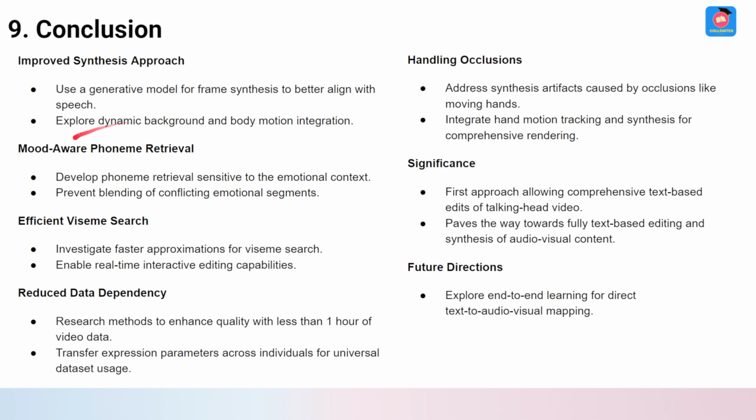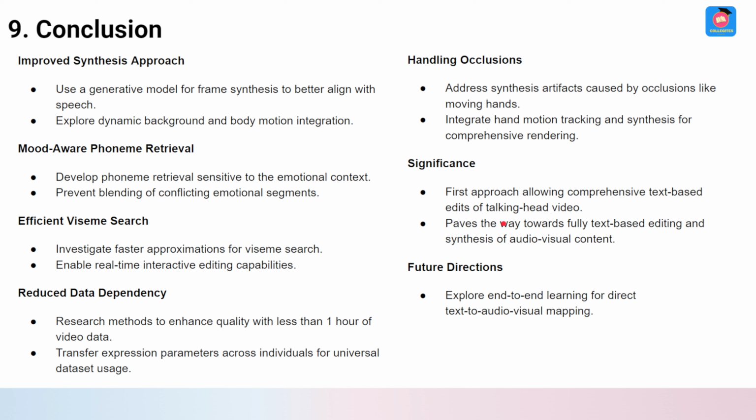There is an efficient Westme search, and with the improvement in vector search and other searching algorithms, we can use it more better, and we can reduce the data dependency while going into different types of training data and all this. The parameter can be universal data set, and we can address the synthesis artifact caused by occlusion like moving hands, as I told, moving person, motion tracking, because we are only focusing on the head part.